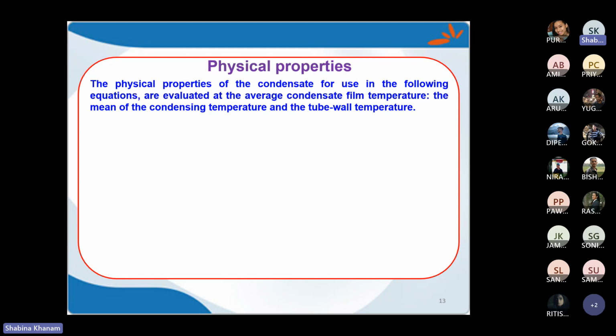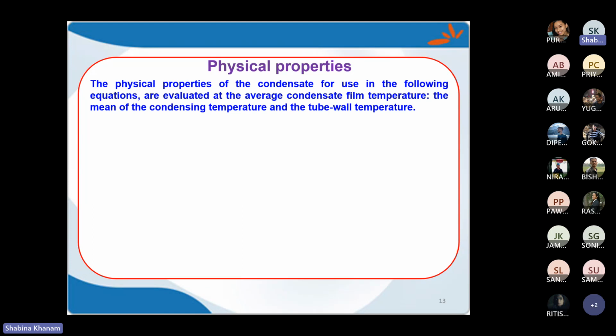When you have condensation, that is a phase change phenomenon. Phase change phenomenon, of course, will be isothermal, right? So there is no point to consider average condensate film temperature because the temperature is the same.